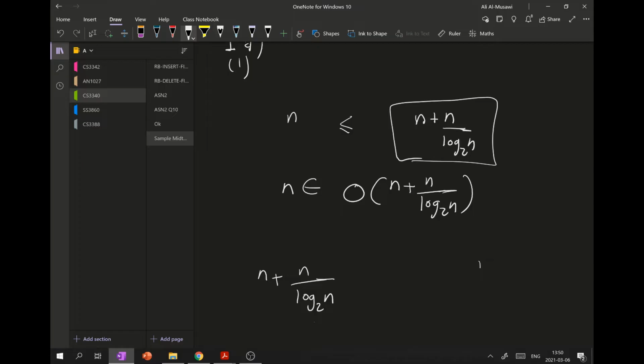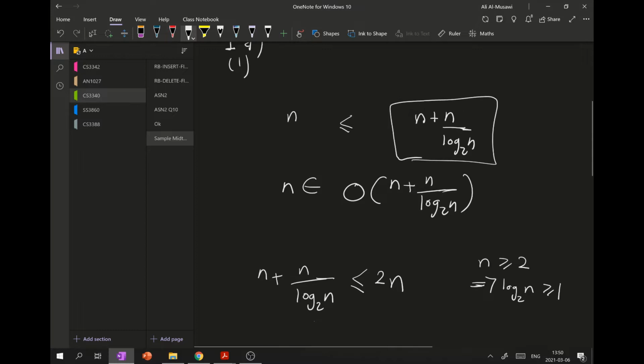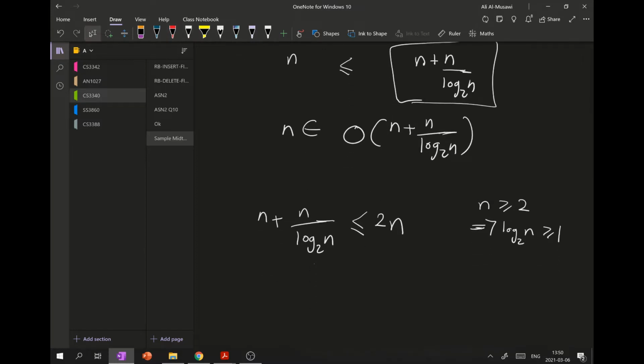So let me write that down: n greater or equal to 2 implies log 2n is greater or equal to 1. If you divide by a number greater than 1, then this becomes smaller than n. So this is less than or equal to n. Or sorry, 2n.